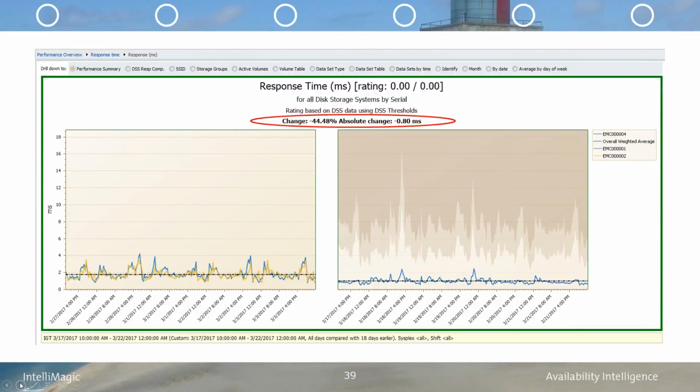Now we see the over 40% improvement in the response time. So we've exceeded the 40% improvement that was expected, and an absolute change of 0.8 of a millisecond. So now we're getting what we paid for. Everything is as expected, if not better than what the vendor said. So we solved the problem and got the benefit that we expected. Next chart, please.